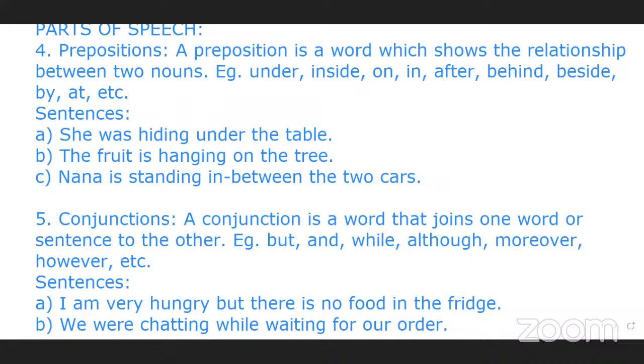So: I am very hungry, but there is no food in the fridge. He came to the house. However, he didn't stay long. We were chatting while waiting for our order. Okay.